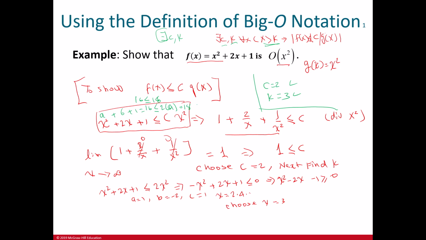So when we find a pair of these, we can choose others. For example, I could now choose c equal to 3 and k equal to 4. This will work. Just keep increasing. We try our best to make a conservative choice, which means you choose a smaller number. But at this point, as long as the inequality holds, we are okay with it.